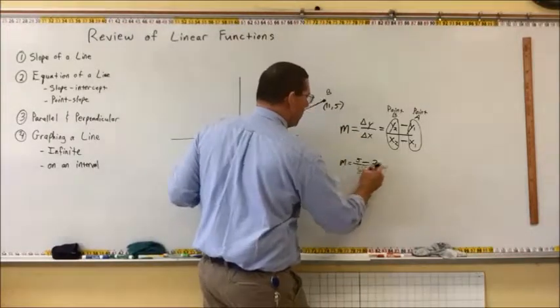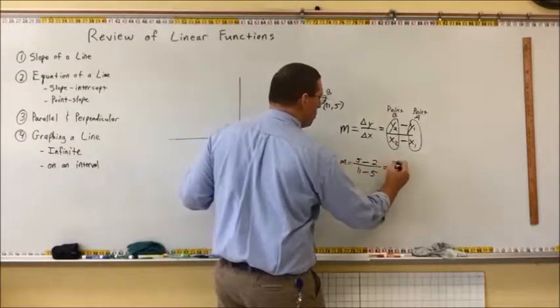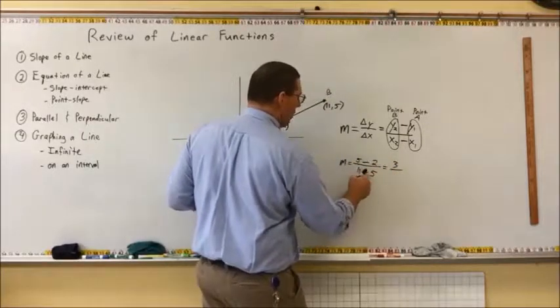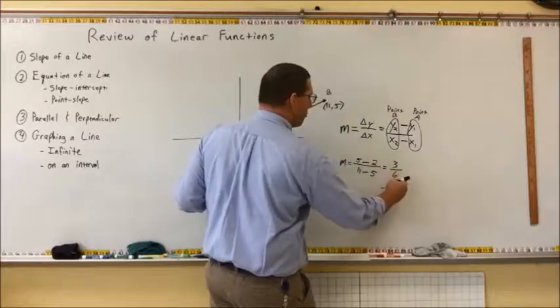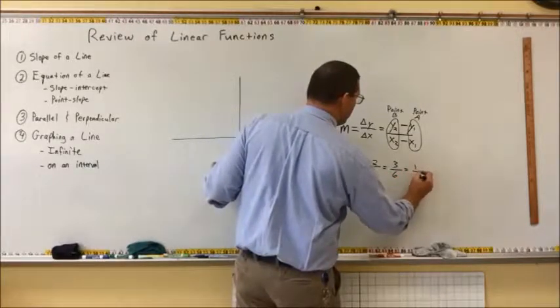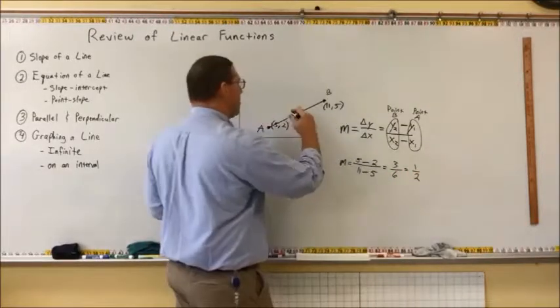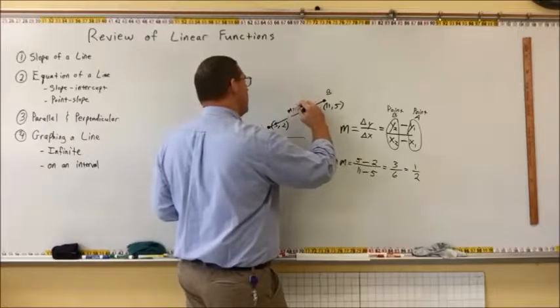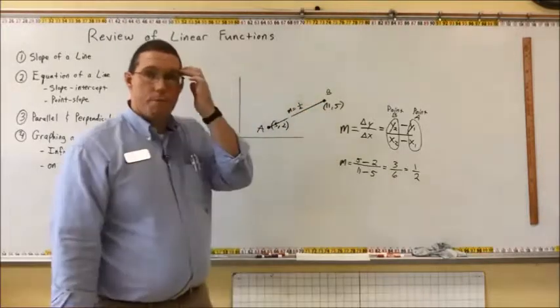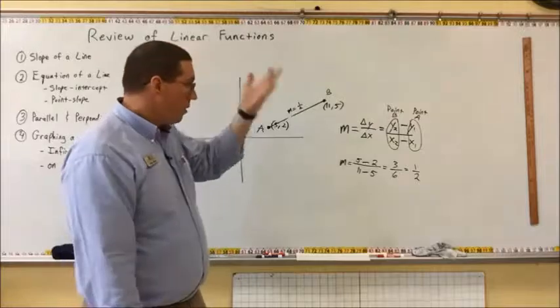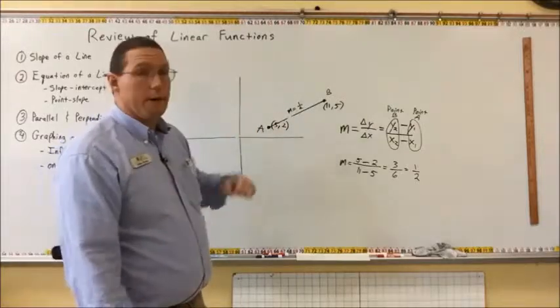So we have 5 minus 2, which is 3, over 11 minus 5, which is 6, and 3 over 6 reduces to 1/2. So the slope of this line, M, is 1/2. That's how you calculate slope.